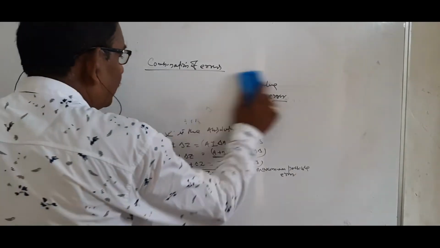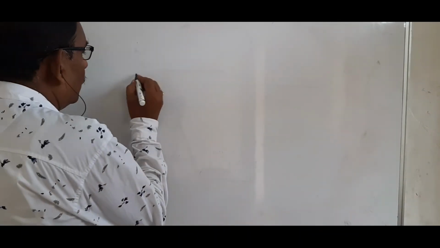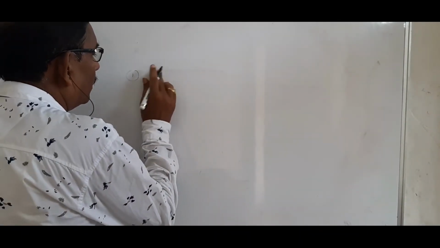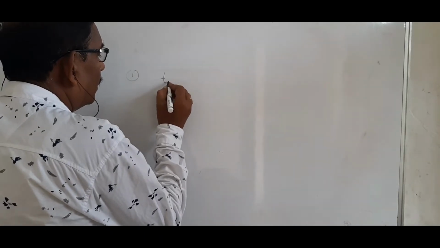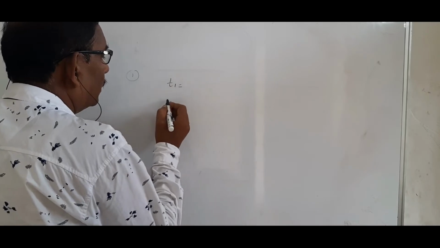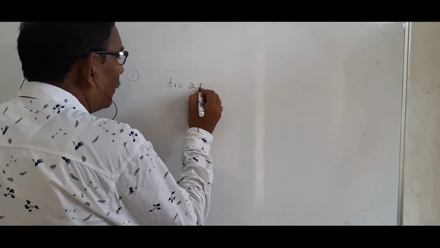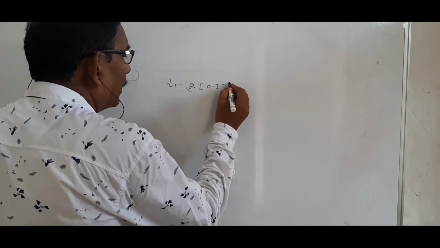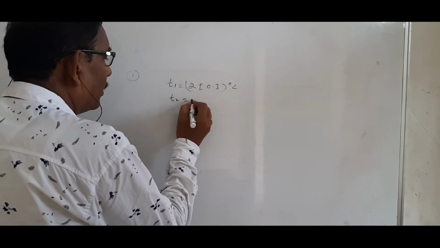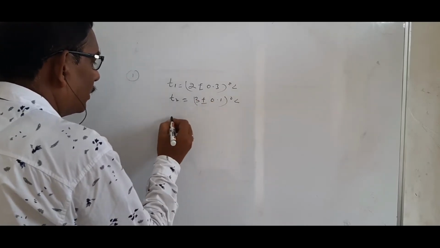Take an example. Suppose T1 is a temperature, 2 plus minus 0.3 centigrade, and T2 is equal to 3 plus minus 0.1 centigrade.